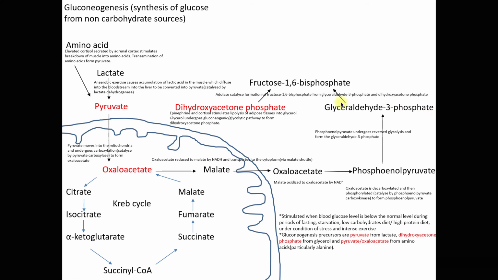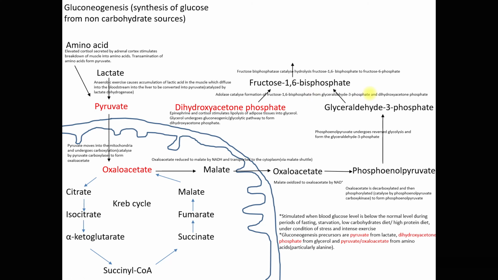Then glyceraldehyde 3-phosphate and dihydroxyacetone phosphate will be catalyzed by aldolase to form fructose 1,6-bisphosphate.